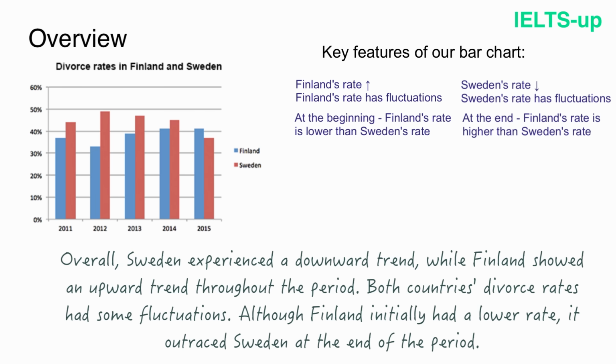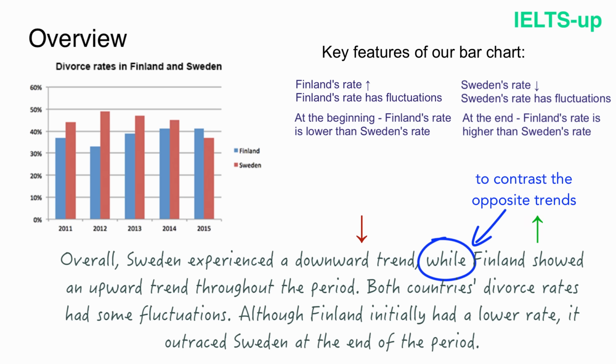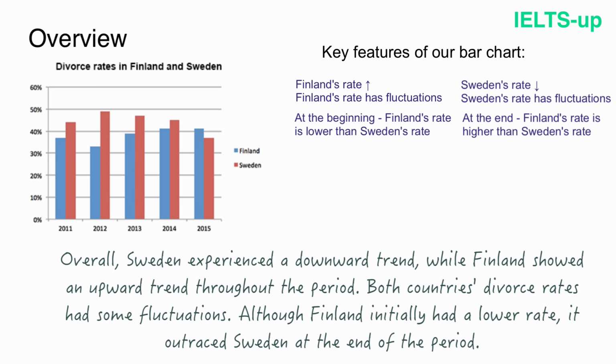Next I wrote a phrase, Sweden experienced a downward trend. This is just a nice way of saying that Sweden's rate went down. And I wrote that Finland showed an upward trend. Likewise, this means that Finland's rate went up. Note how I used the linking word while to contrast the opposite trends. It is a very good technique, so keep that in mind. Then I use the word both to say that 2 countries had the same feature.